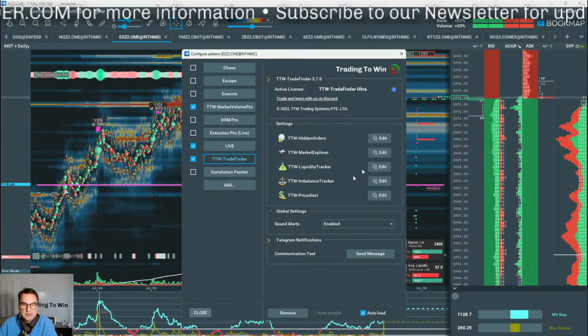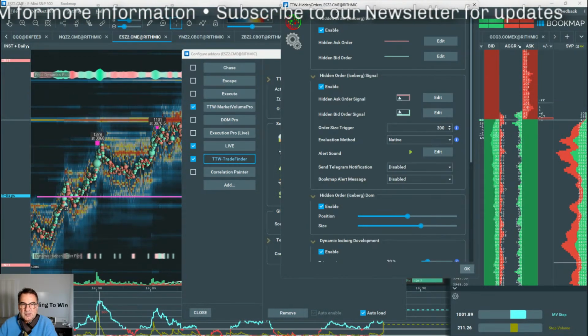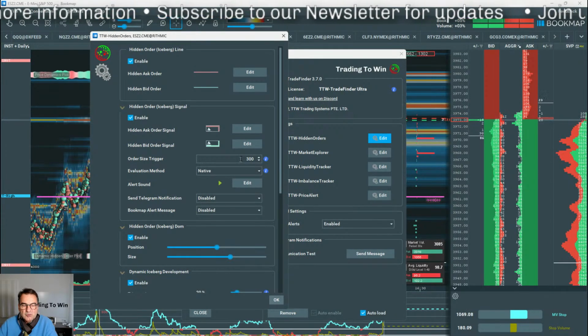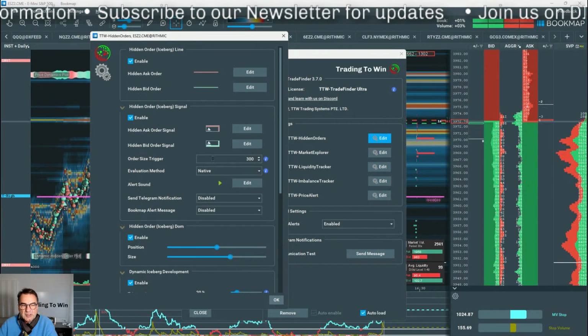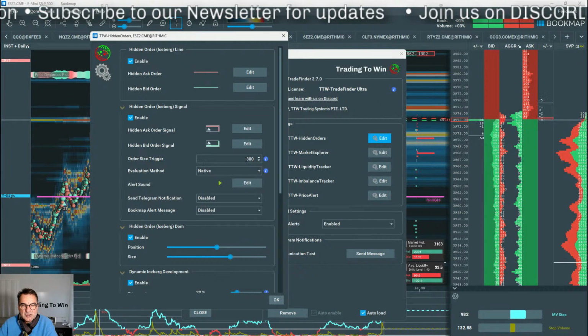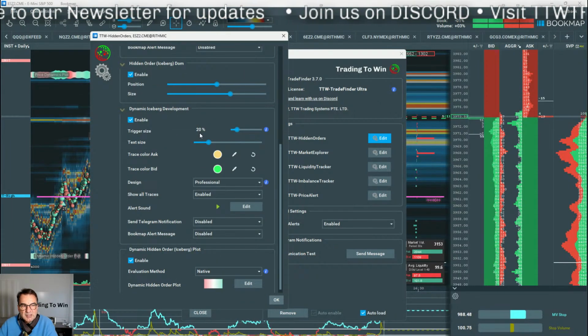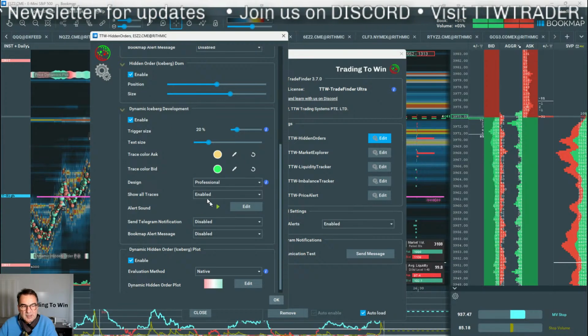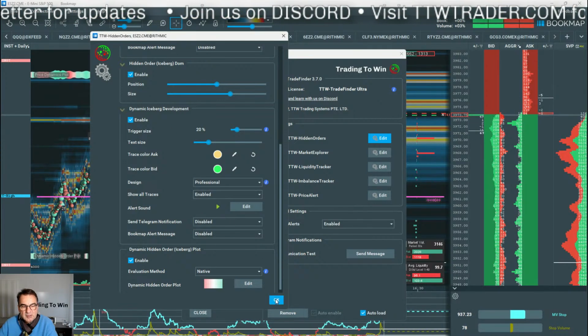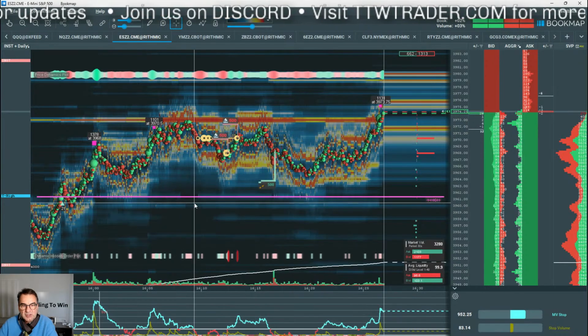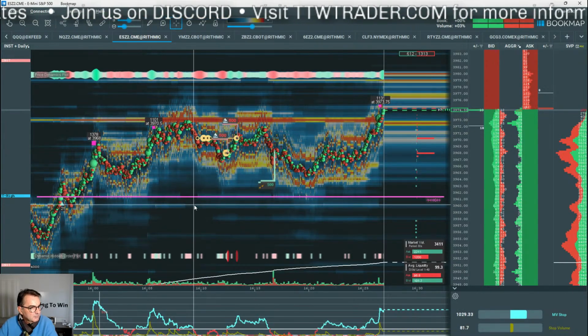If you have the same settings, it must be there. So maybe you can do the following: lower the order size trigger to 200, leave the dynamic iceberg development as it is, enable all traces, and then restart TradeFinder or reactivate it.